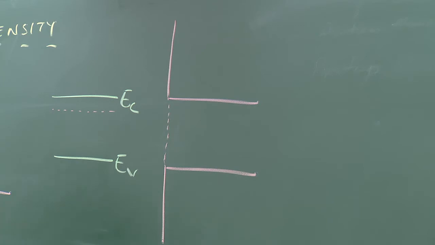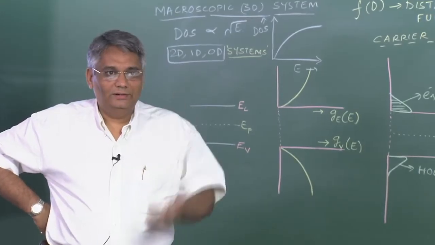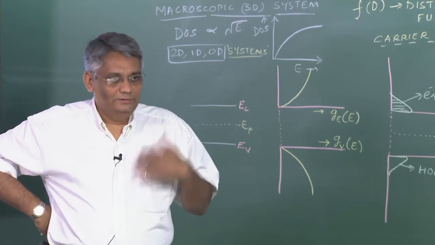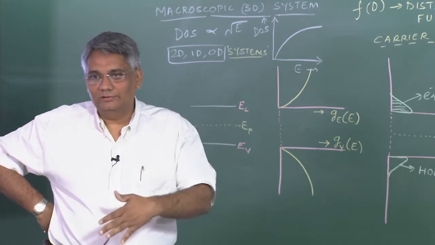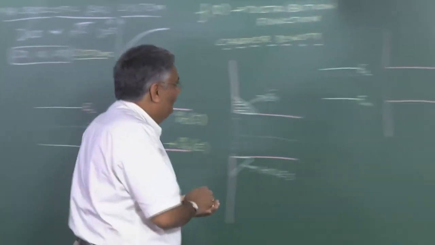You see what happens in the case of a doped semiconductor. As you make it an n-type semiconductor, you are creating the donor levels, and in the case of a p-type semiconductor, you are creating acceptor levels, right?